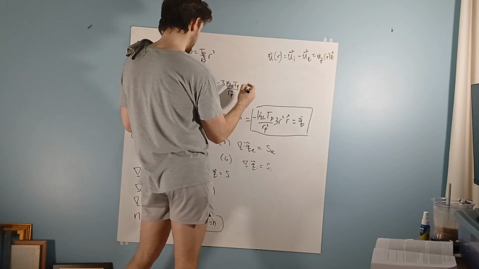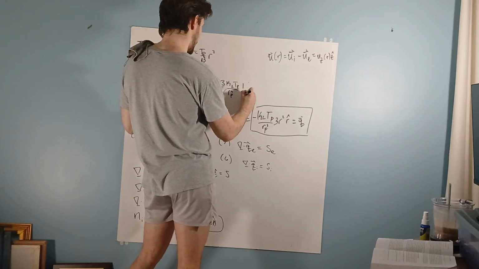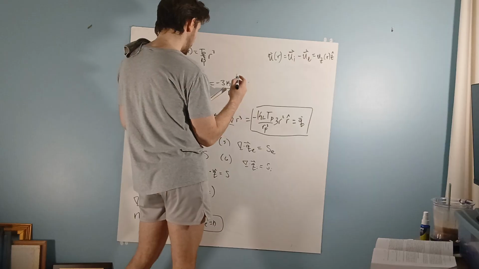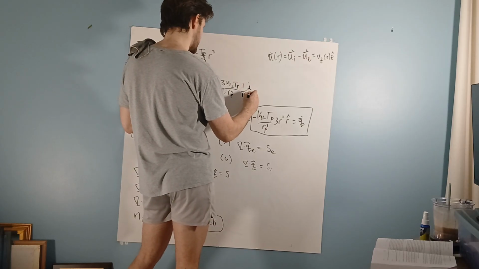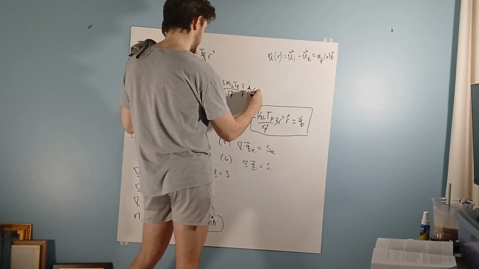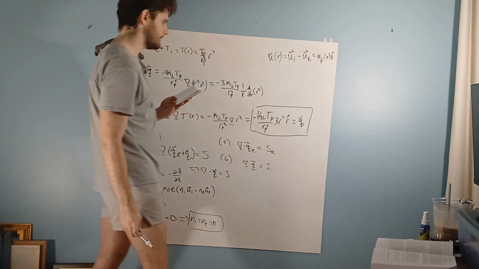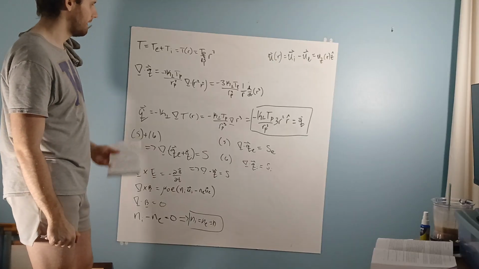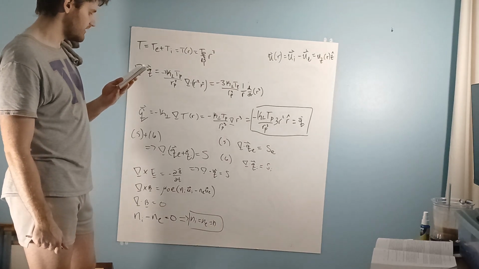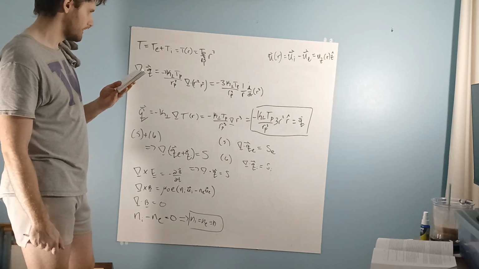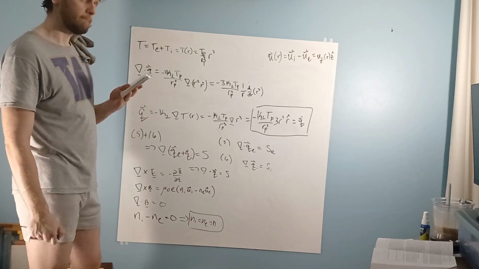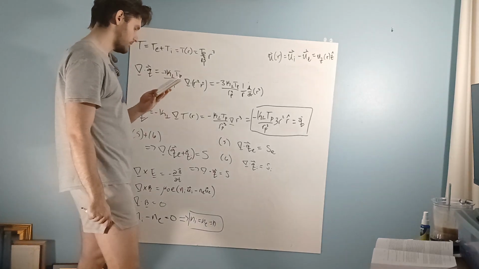All right? So what this divergence gives us is only the part that is influenced by the radial component, because there's no other components.